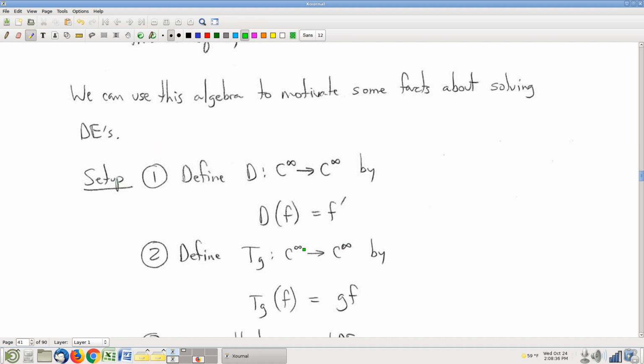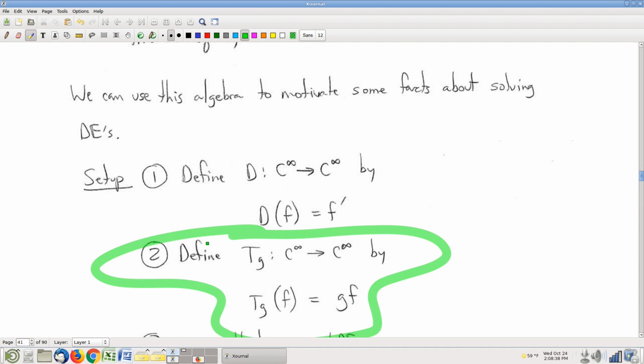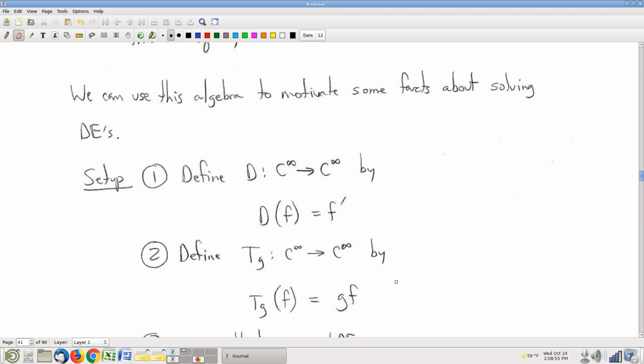This is a little bit weird looking. Not a lot's happening here. All this is saying is that the act of multiplying by some fixed function g, that act is linear. And again, not really surprising. Now you do have to keep in mind that I'm not saying that this result is linear. Certainly not. Probably not. Right?